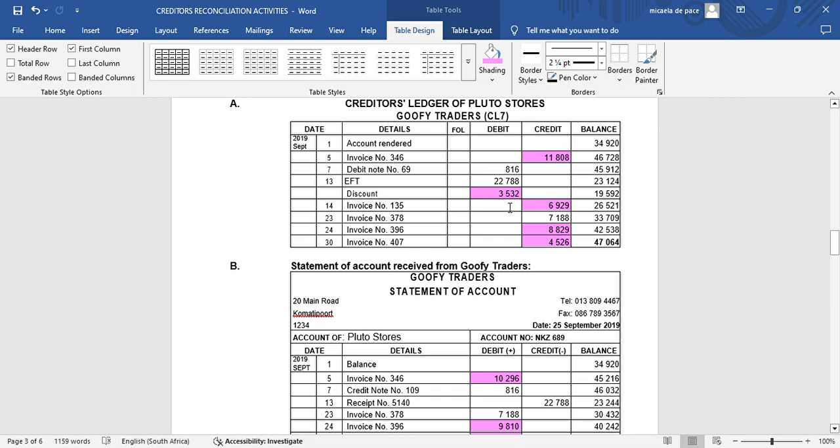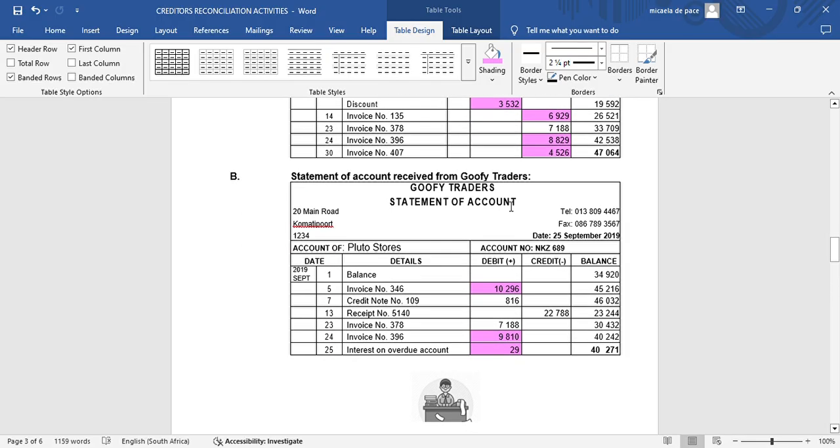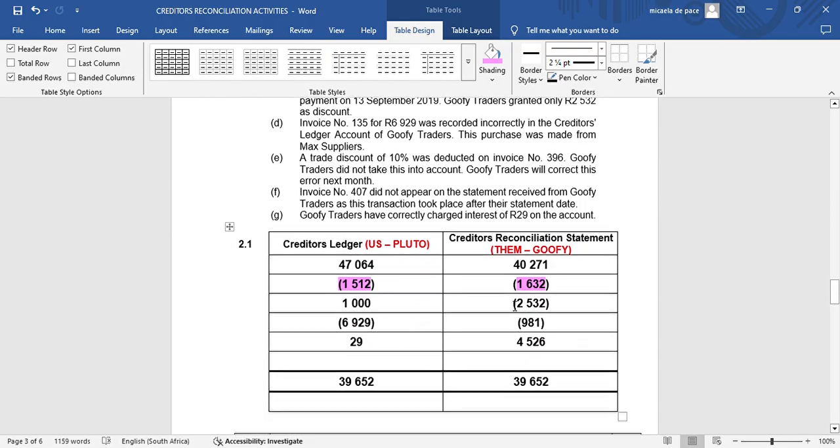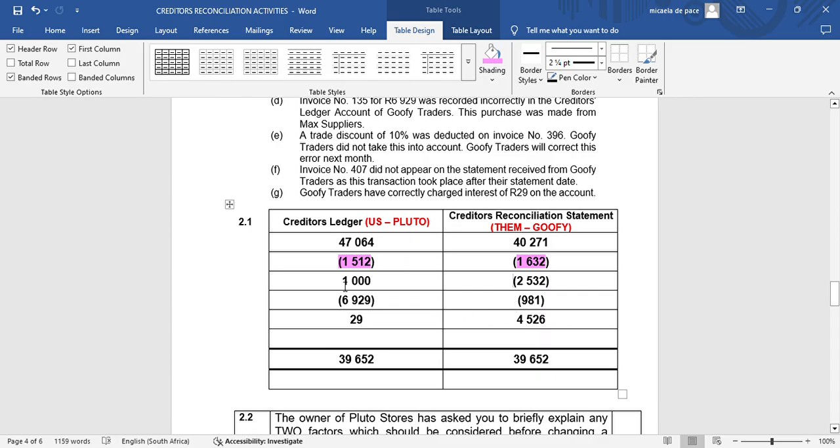So we subtracted 3532. We shouldn't have subtracted so much, so we're going to have to add back 1,000. But Goofy didn't even record any discount. So you're going to have two entries here. You're going to have 1,000 Rand that we are adding back because we said we got more discount than we actually did. And then we are going to minus here because they didn't even record the discount.